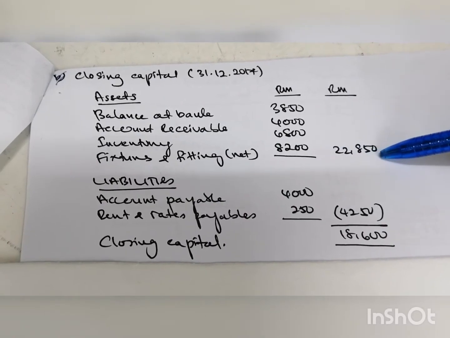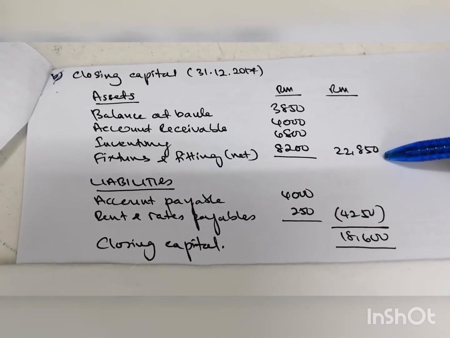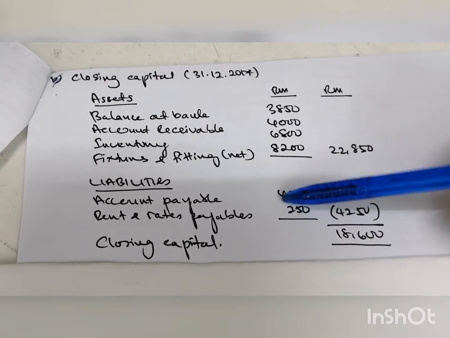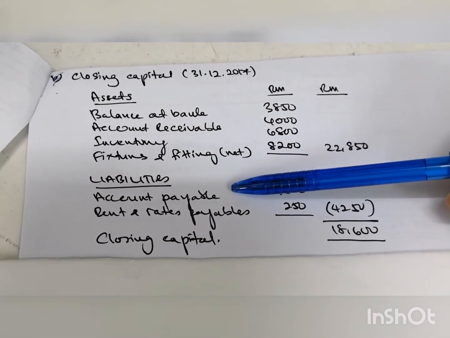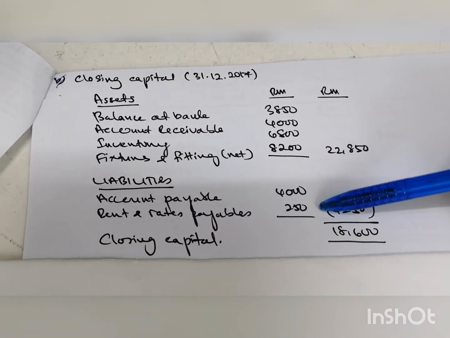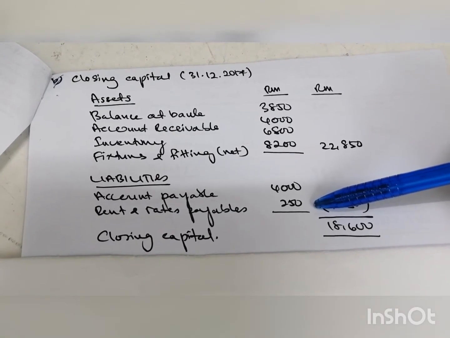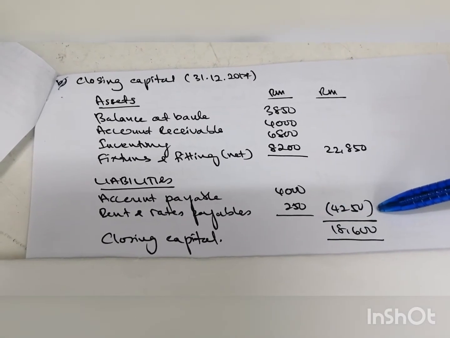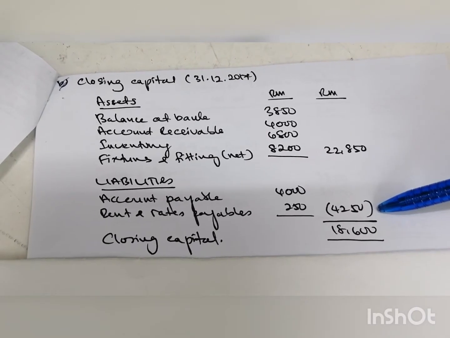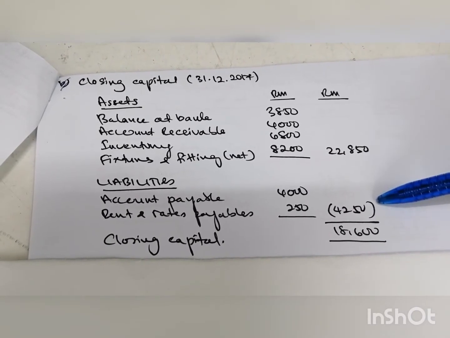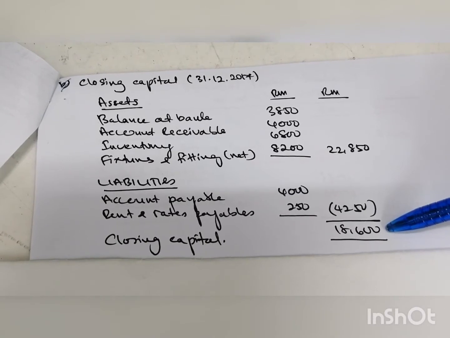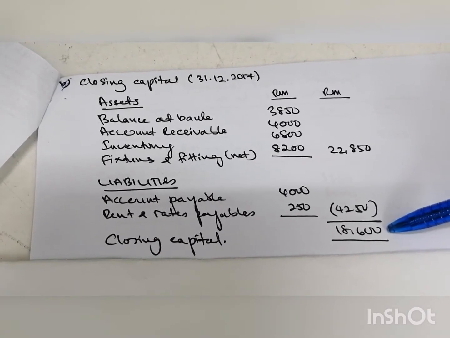So your total will be 22,850. Your liabilities will be account payable 4,000 and rent and rates payable 250, so the total will be 4,250. So this one minus this one, you get your closing capital 18,600.